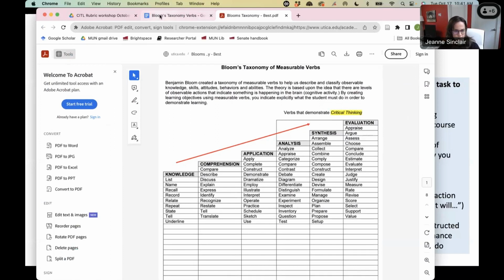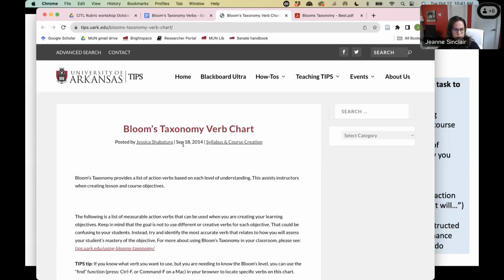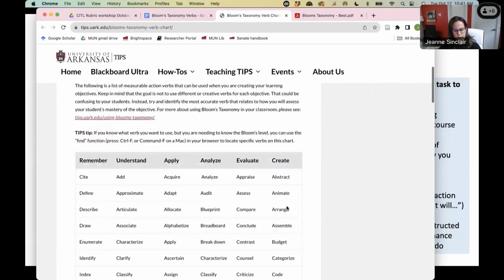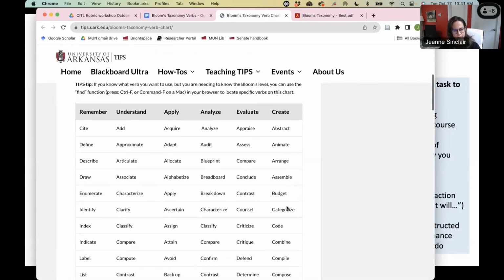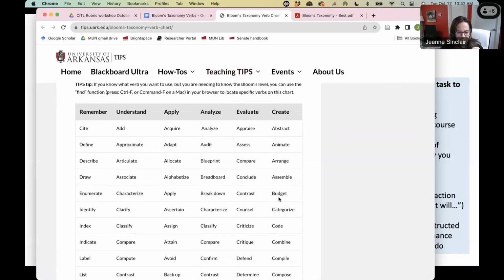Let me open the other link. That was the first one. Here's the second one, and this is based on the new Bloom's: remember, understand, apply, analyze, evaluate, create. So we're trying to think up here in the upper level of Bloom's taxonomy.